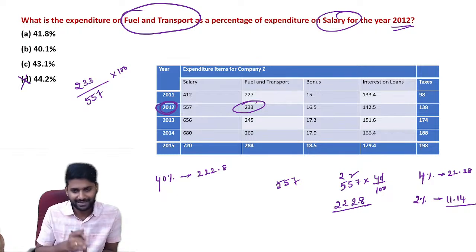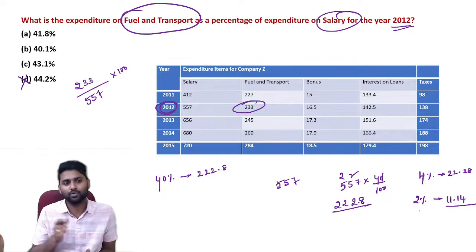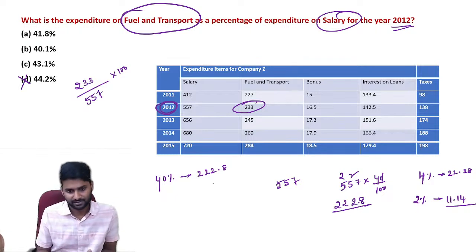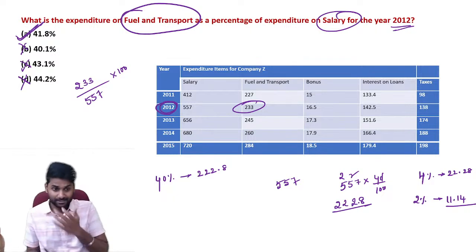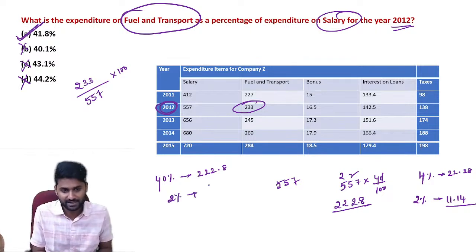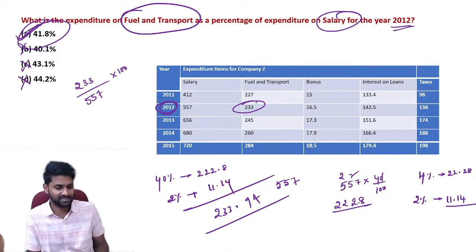So if you take exactly 2 percent, it will be 42 percent, and the value goes more than 233. That's why it's not 43.1. So the exact answer is 41.8. 2 percent value is 11.14, right? So the total value goes to 233.94, but we require exactly 233. That's why the option is 41.8 percent.